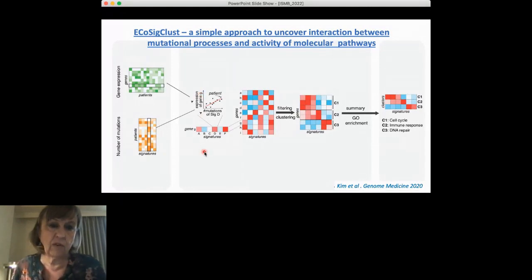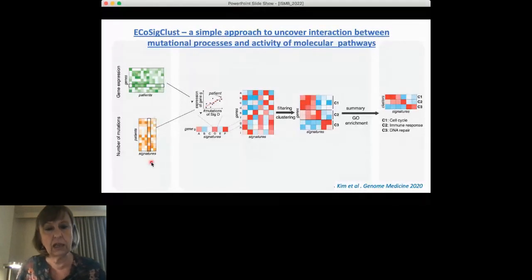And for this question, we simply developed a very simple approach, assuming that we have a set of cancer patients for which we do have both mutations and also gene expression. For every patient, we know the expression of all the genes within a given cancer tissue, and also for every patient, we can infer the strength of the signatures that are being observed in a given cancer type.